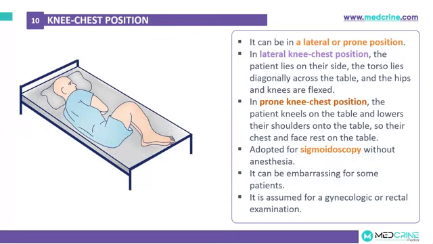Then we have the knee chest position. Knee chest position can be in a lateral or prone position, and in lateral knee chest position, the patient lies on the side and the torso lies diagonally across the table and the hips and knees are flexed.